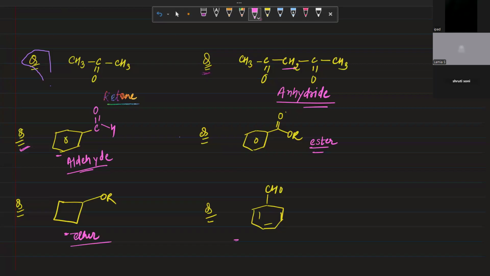So mercury acetate? Mercury diacetate, because in this case we are using two acetates, OAc twice. Okay. Mercury diacetate, and then there's THF, right? And then there's peroxide, right?